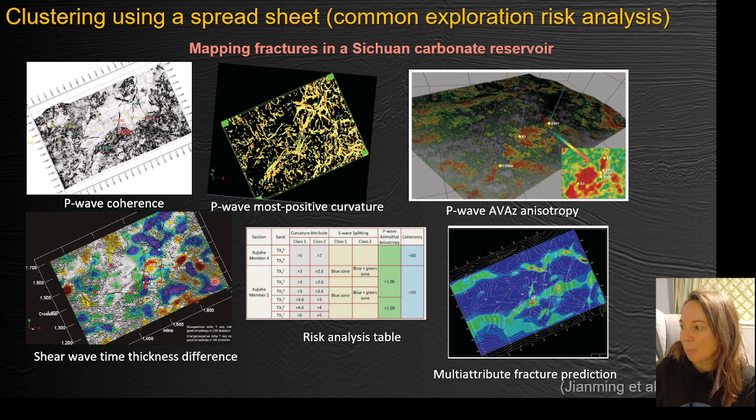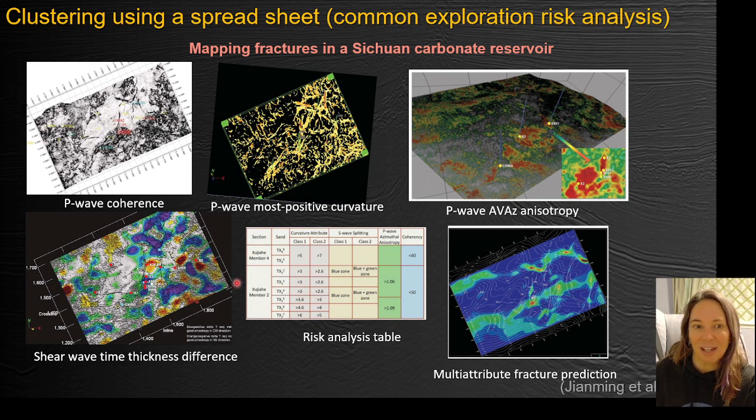This is an example from a few years ago where the authors had a 3-component 3D survey and generated a whole suite of attributes that were sensitive to fractures, from coherence to curvature, the AVAZ P wave, anisotropy, shear wave splitting. Then they combined them in a risk analysis spreadsheet and used a model-based decision tree as their analysis tool.